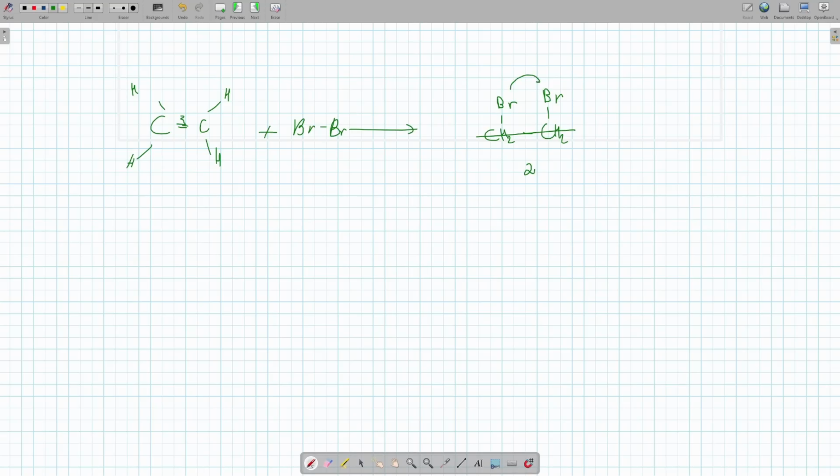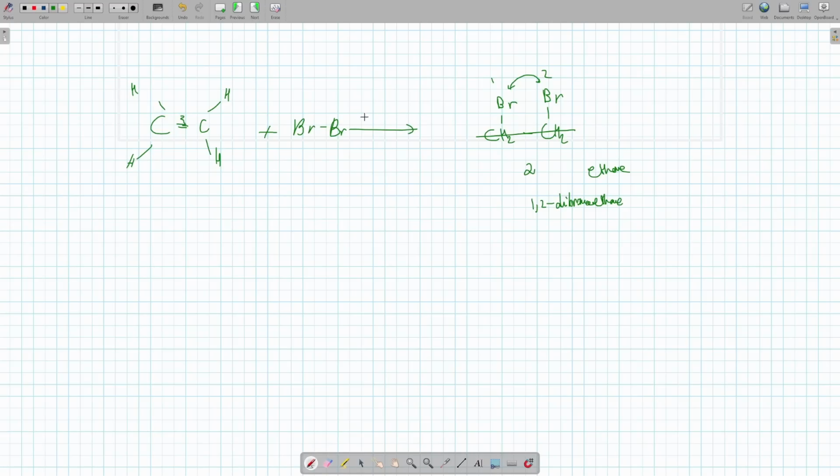Since you have the bromines, it's now considered an alkane. Sorry, it's not an alkene anymore. When you name it, it's 2 carbons, so it's going to be ethane. We have a branch on 1 and 2. Since they're both bromines, we say 1,2, and since it's two of the same one, we say dibromoethane.